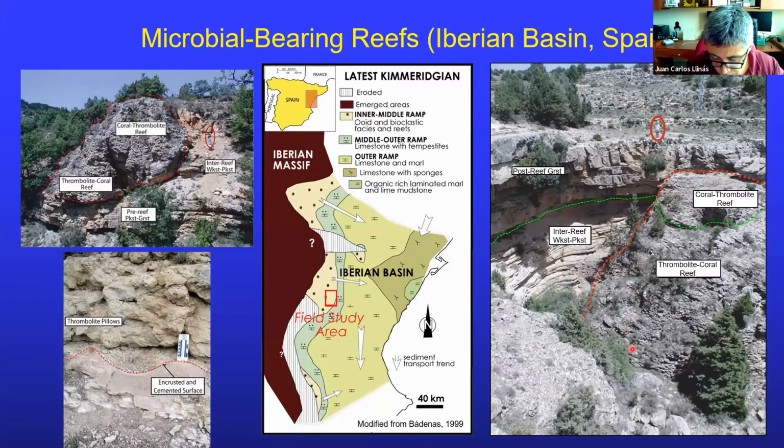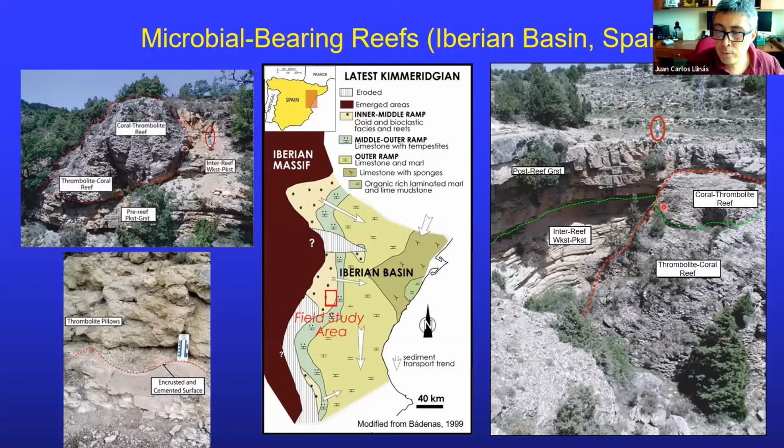So what we can analyze here is that we have an element of buildups during the transgression due to the higher amount of accommodation.